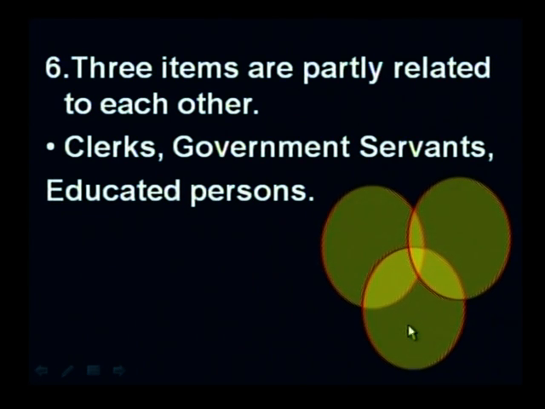Educated people can be clerks, educated people can be government servants, clerks can be government servants, and then there is a common intersection which speaks about clerks who are educated people and also government servants. So, this is how the diagram looks when you have three items partly related to each other. One is not completely a subset of the other, but they are partly related.